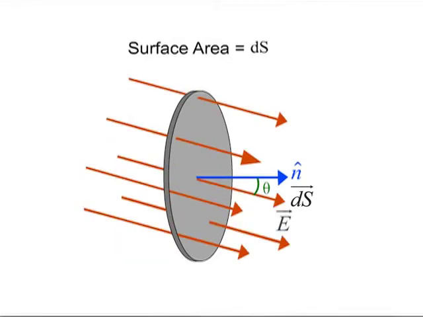The length of the area vector dS represents the magnitude of the area element dS. In case vector n cap is a unit vector along the normal to the area element dS, then vector dS is equal to dS into unit vector n.